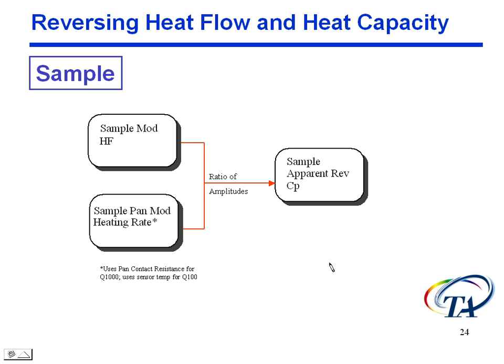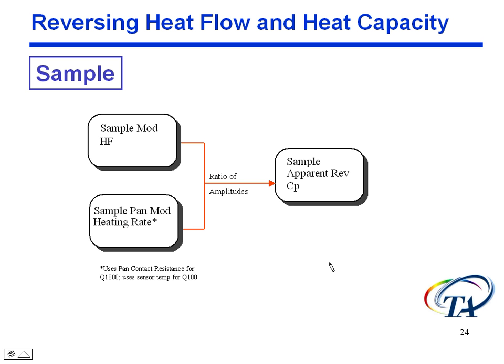Now let's look at reversing heat capacity and reversing heat flow. Okay. Now, reversing heat capacity is the same as what we used to call complex heat capacity on the 2900 series. Okay, just so we have the term straight.